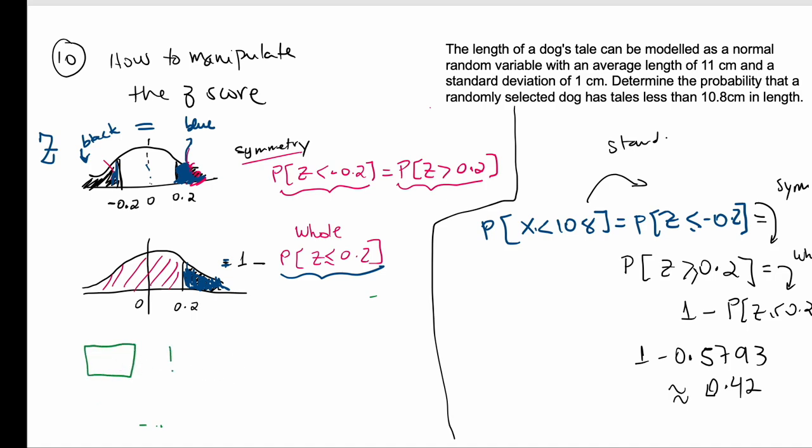On these 3 boxes, you will write: subtract from the whole; change the sign of z; and flip the inequality.